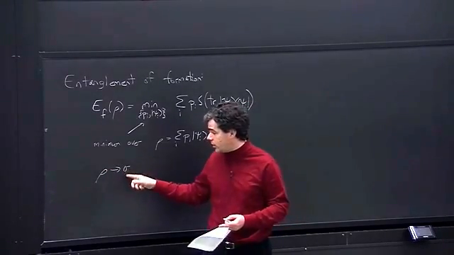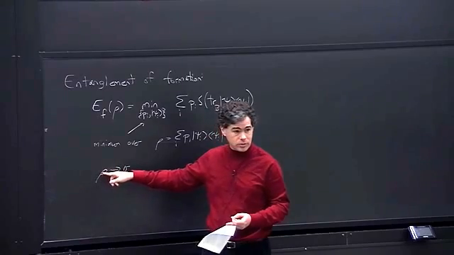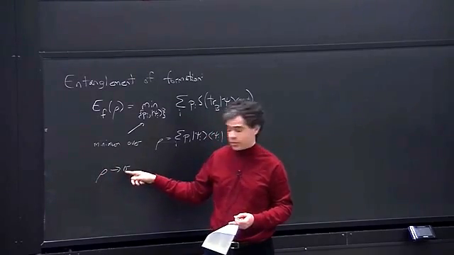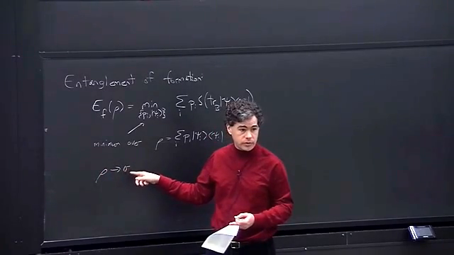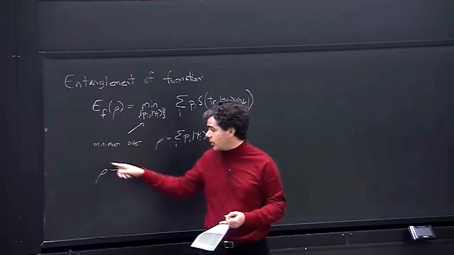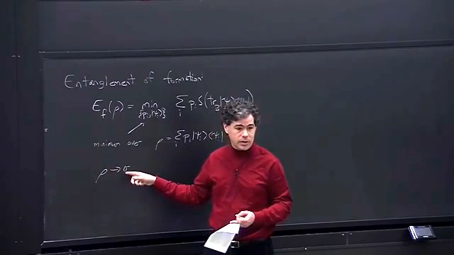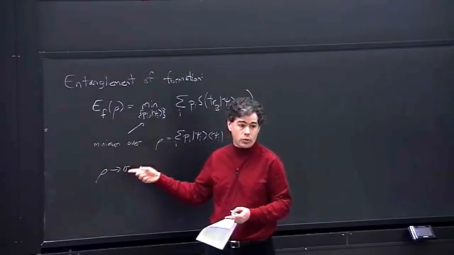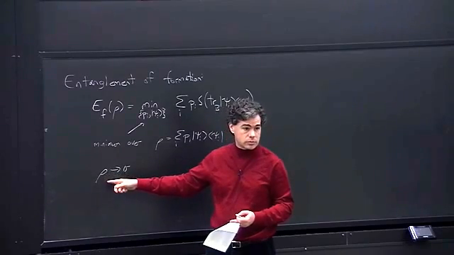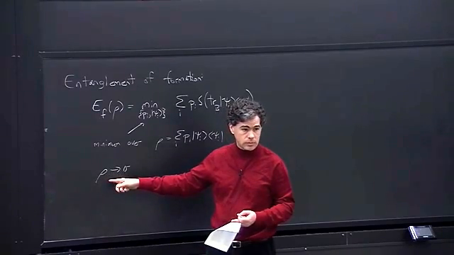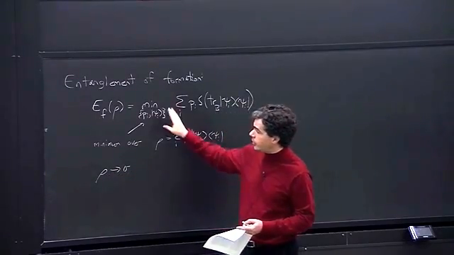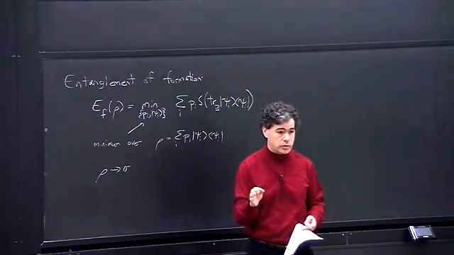Well, you can always at least make rho, and then convert it to sigma. And so the amount of entanglement needed to make sigma has to be, at most, the amount of entanglement needed to make rho. So that shows you that this is an entanglement monotone. It can't increase under LOCC.